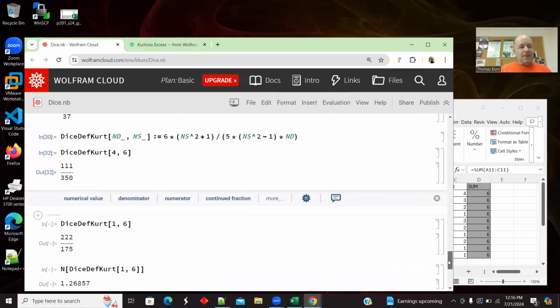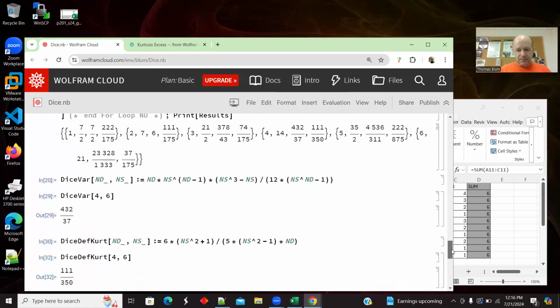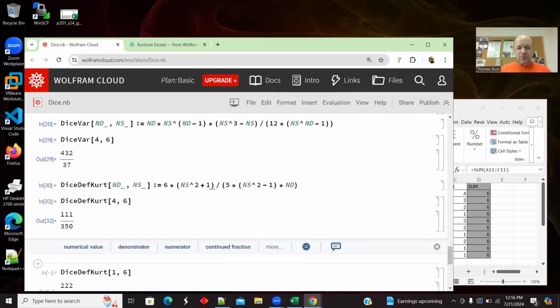Okay. And then the formula here for this kurtosis thing, the only place ND appears is as a single power in the denominator.